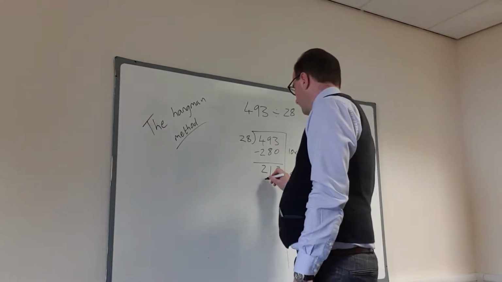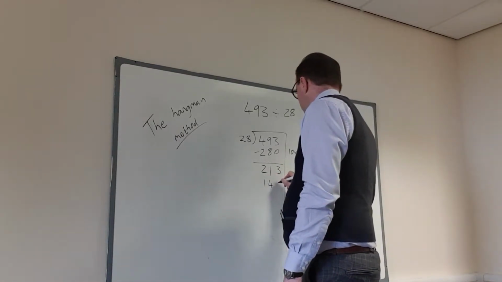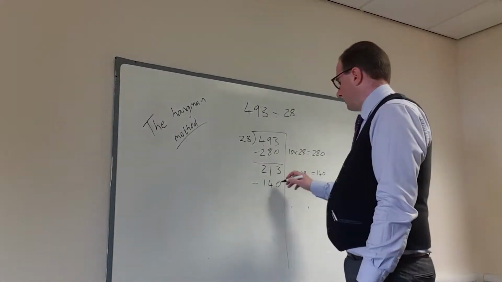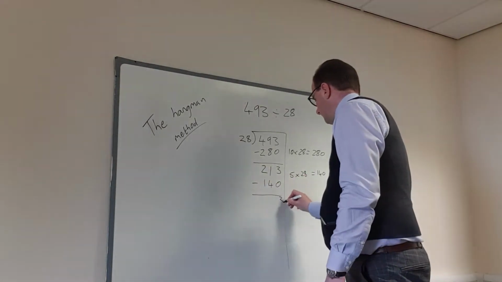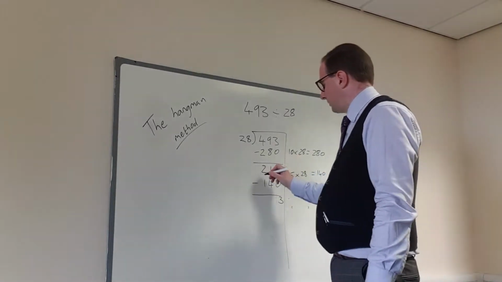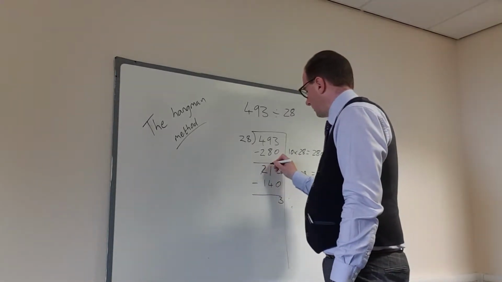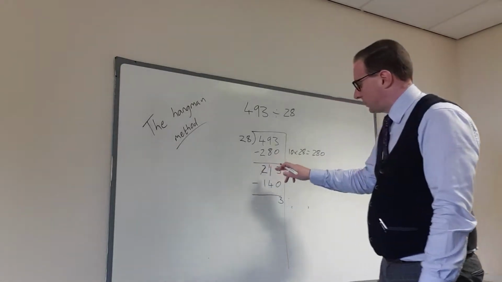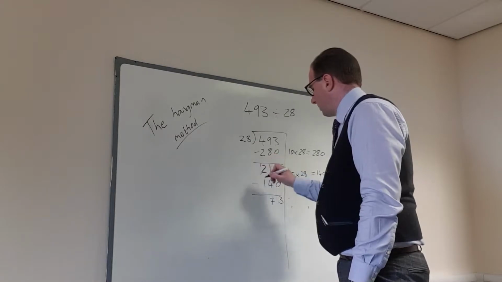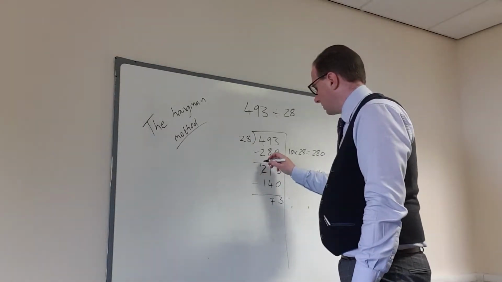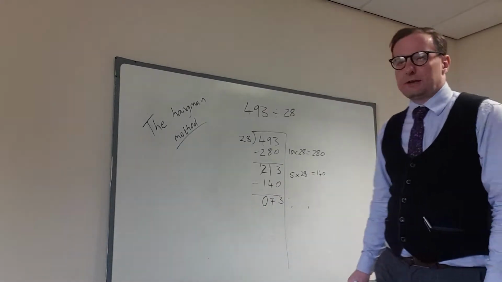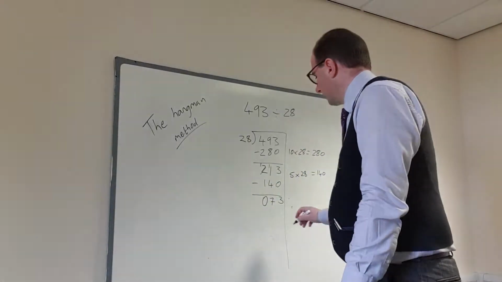So 213 minus 140. 3 minus 0 is 3. 1 minus 4, now you're going to need to borrow. So take 1 away from there and borrow it, so this side turns into 11, so that's 7. That's now a 1. So 1 minus 1 is 0. Okay, so you have 73.